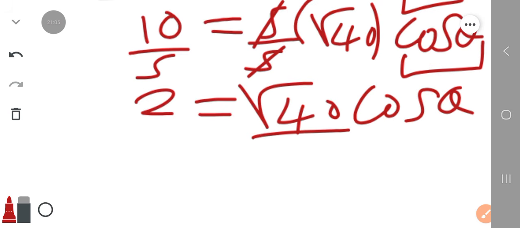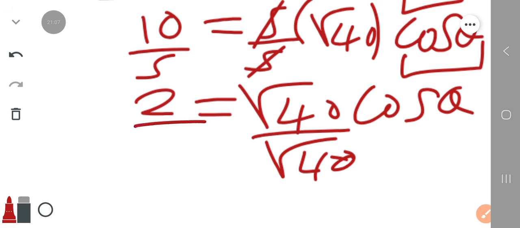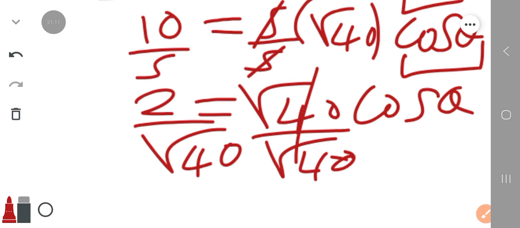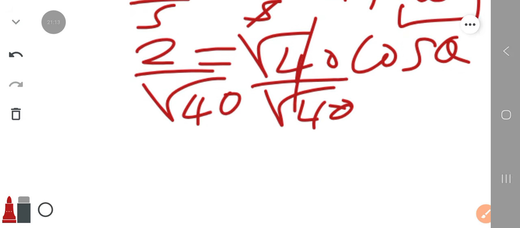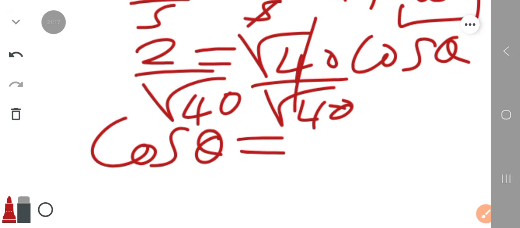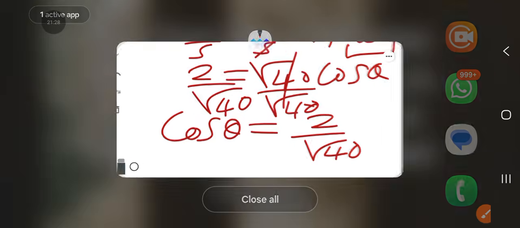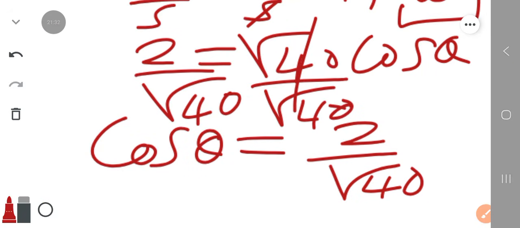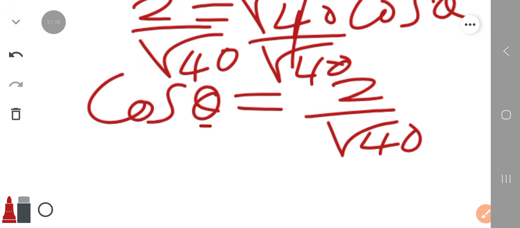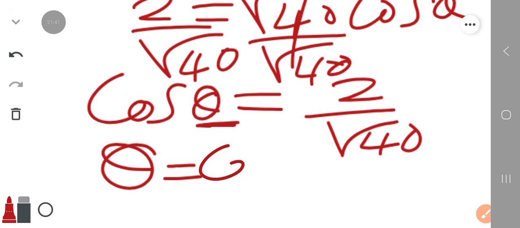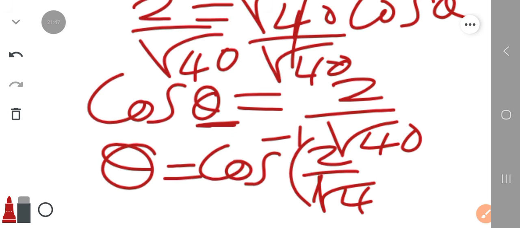Then we can divide by the square root of 40 on both sides, so that now we find cos theta equals 2 over the square root of 40. Now let us find the inverse. To find theta, you just say theta equals cos inverse of 2 over the square root of 40.